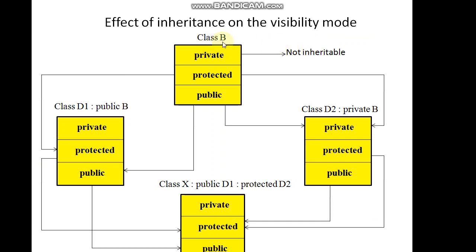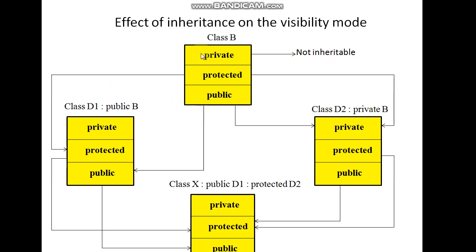Class B is a base class which can have three types of members in it: private, protected, and public. Private members are never inheritable into the derived class. We can only inherit protected and public. We will be discussing protected visibility mode shortly in the next slides.